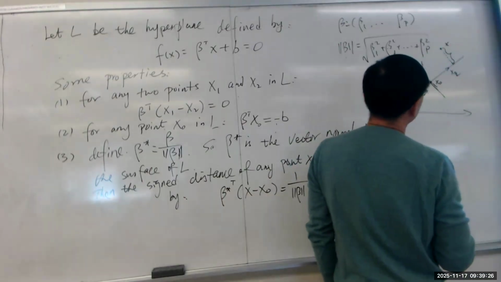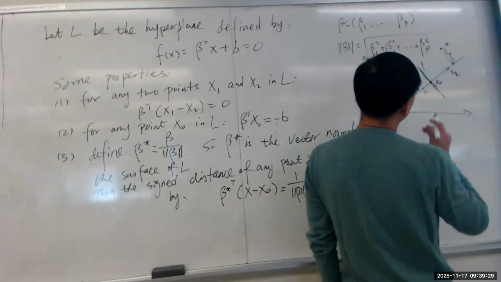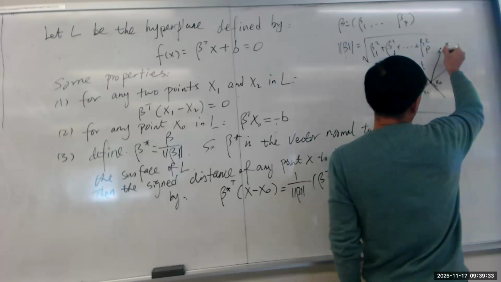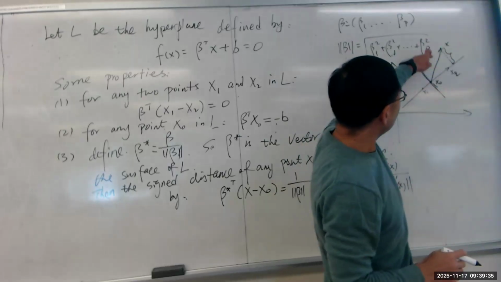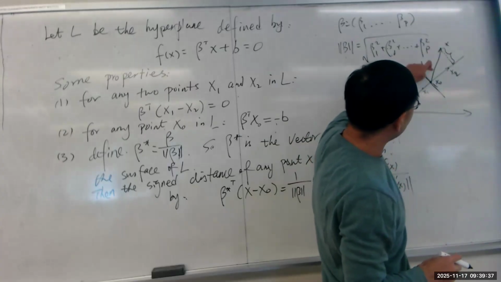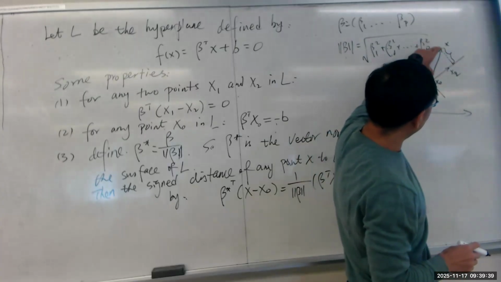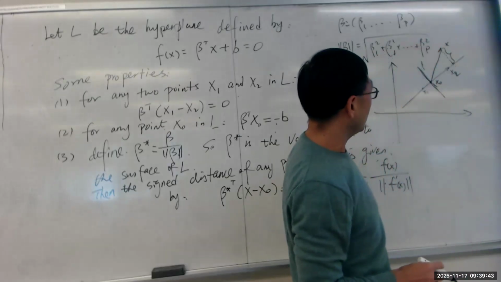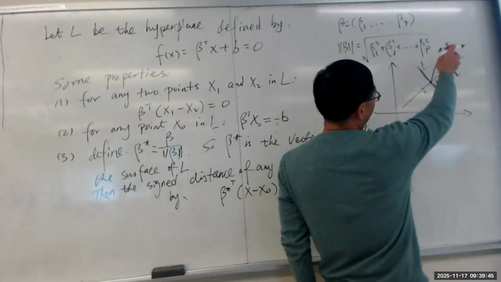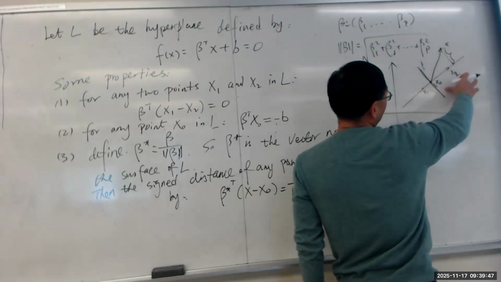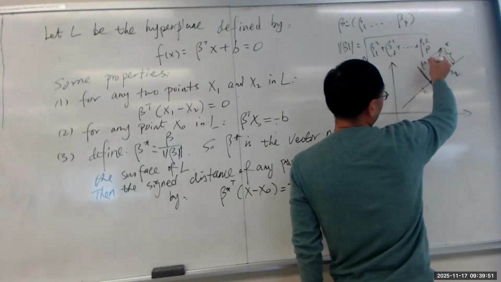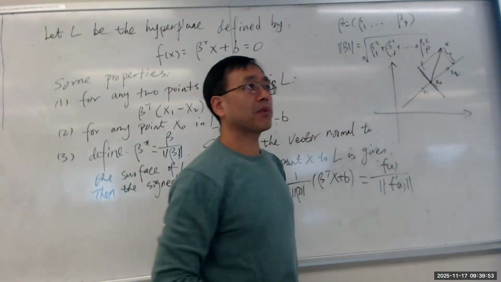Now this distance you can also build as follows. For any point x0 on the hyperplane, you can have a vector from x0 to x. The distance of x to the hyperplane is the projection of this vector onto beta, right?